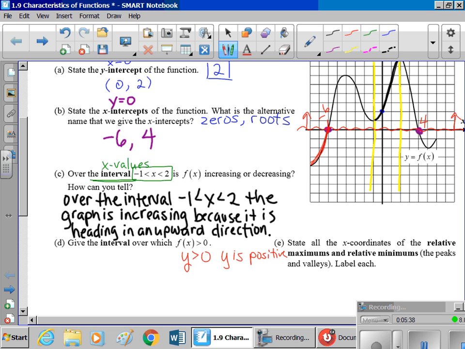So we're not going to include negative 6, nor are we going to include positive 4. So even though that looks like a point, in this case it's interval notation. Another way you could say it is negative 6 is less than x, which is less than 4. Because again, they're talking about intervals here. These are our x values.